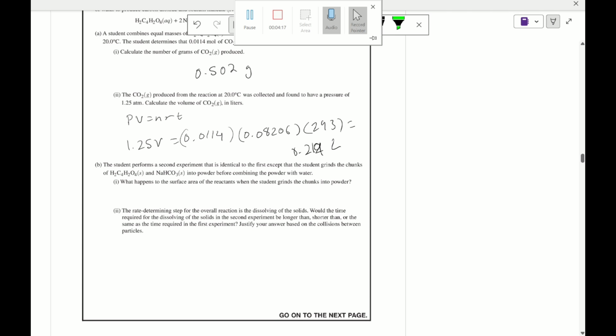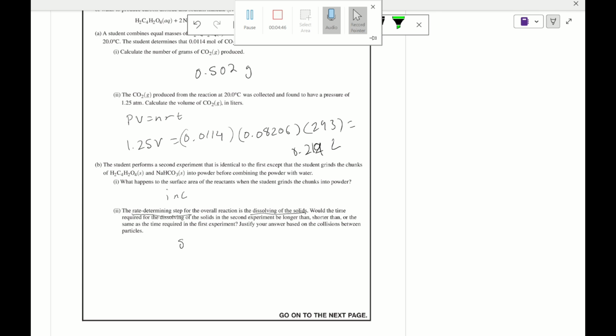And then if the surface area of the reactants, basically the surface area will increase if it's ground into powder, right? And the rate determining step for the overall reaction is the dissolving of the solids. Would the time required for the dissolving of the solids in the second experiment be longer, shorter, or the same?